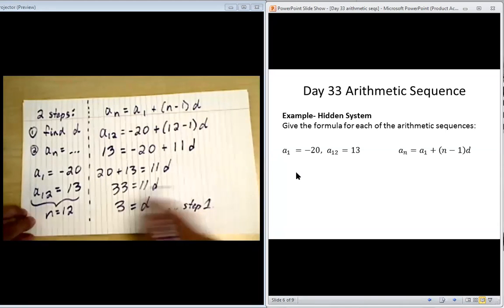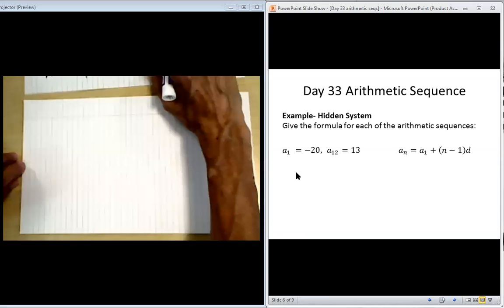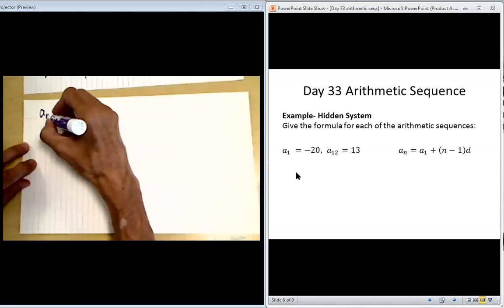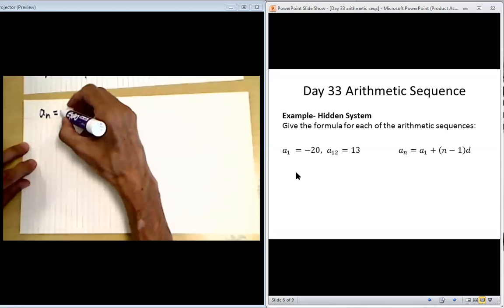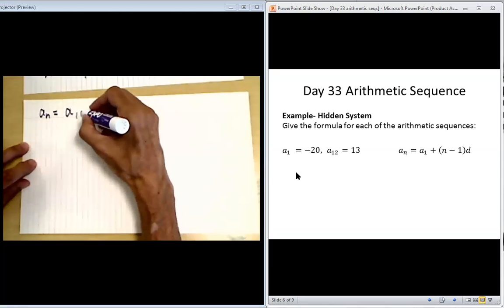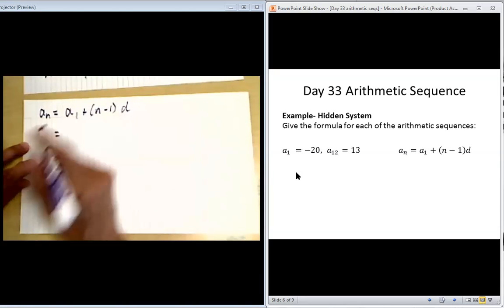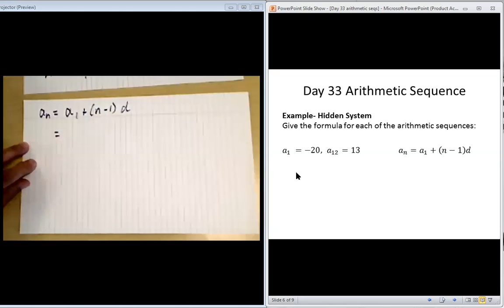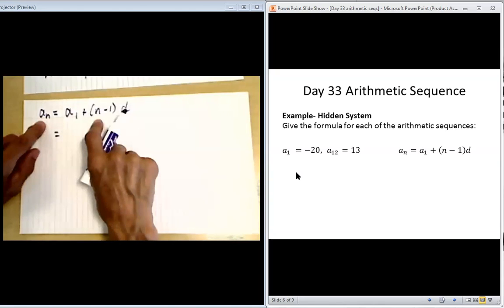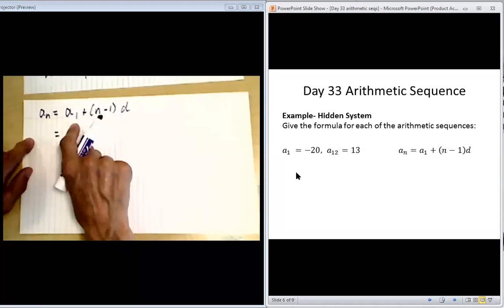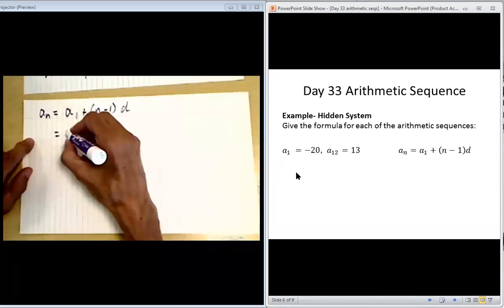Going now to step number 2. We got to get the general term now. So we start with this again. That is our basic formula. We're going to leave an in there and leave n in there as well. But we're going to put values in that we know for a1, which is minus 20.